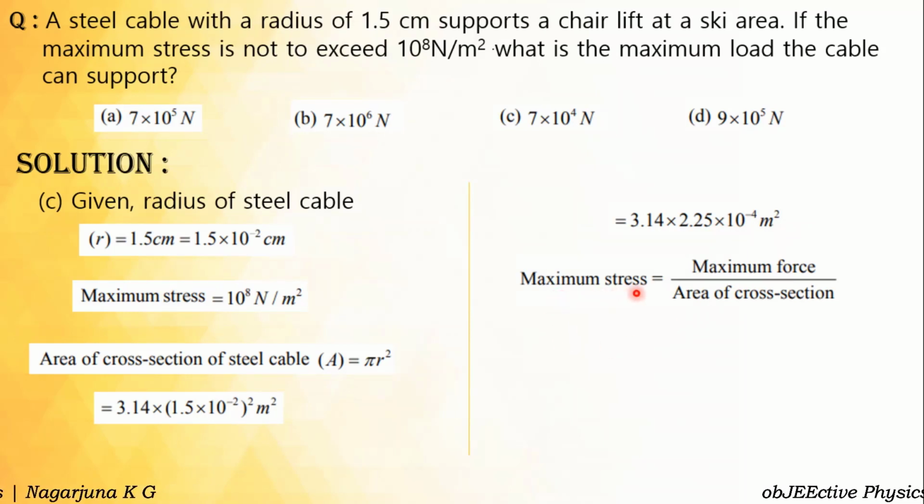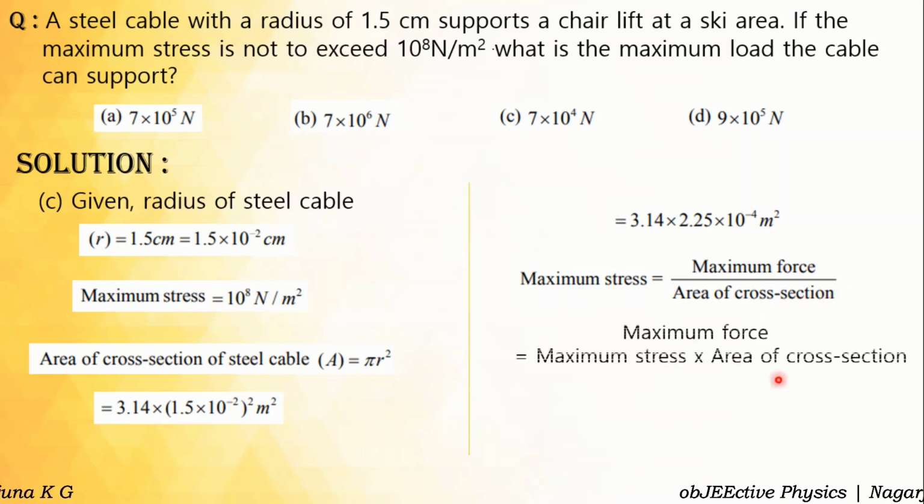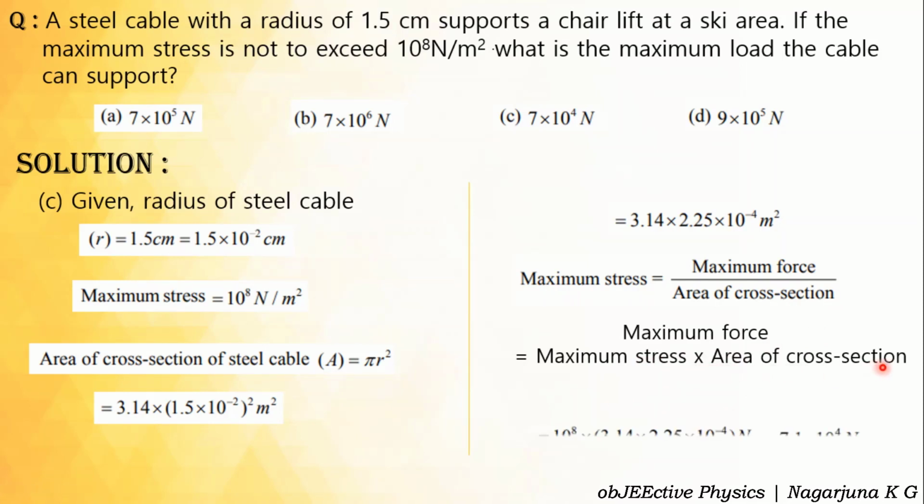And maximum stress is equal to maximum force divided by area of cross section, that is the stress definition. Or maximum force is equal to maximum stress into area of cross section.